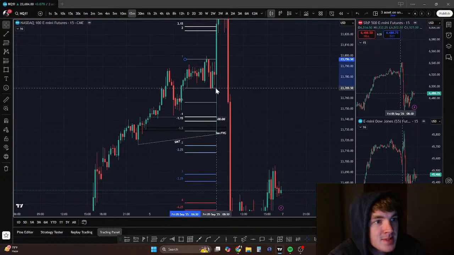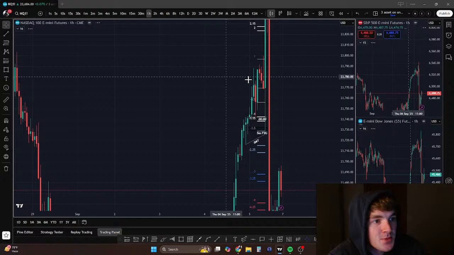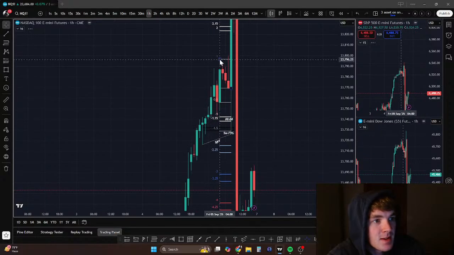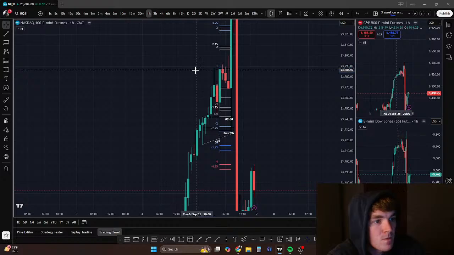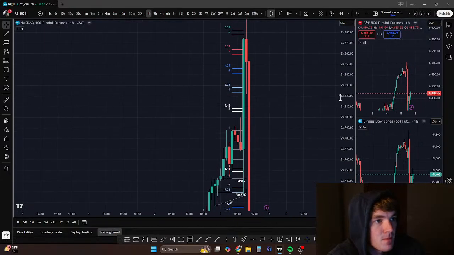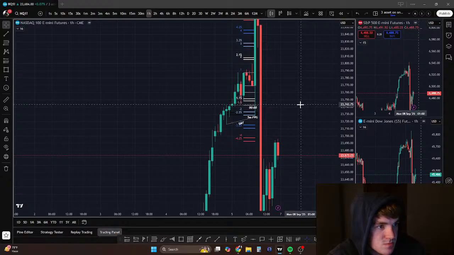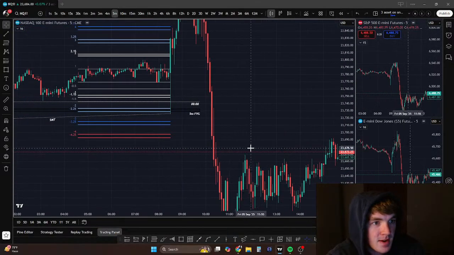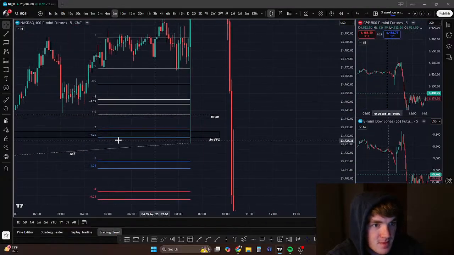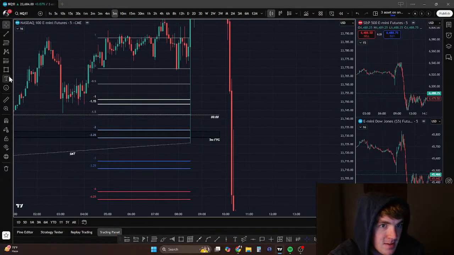Sometimes it lines up super perfectly, and that's when I'm like, dang. Like those 1 hour bodies line up right with the second standard deviation.